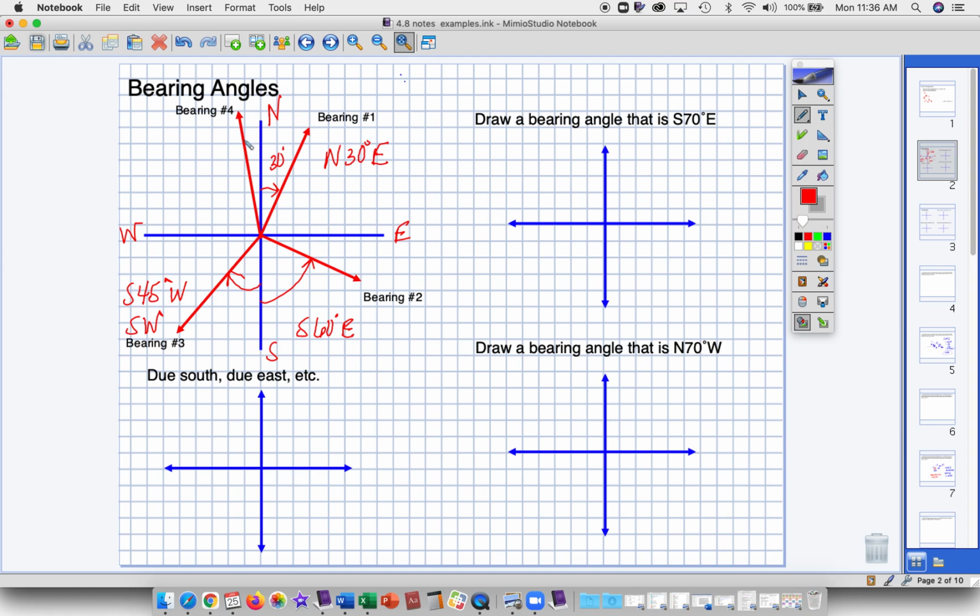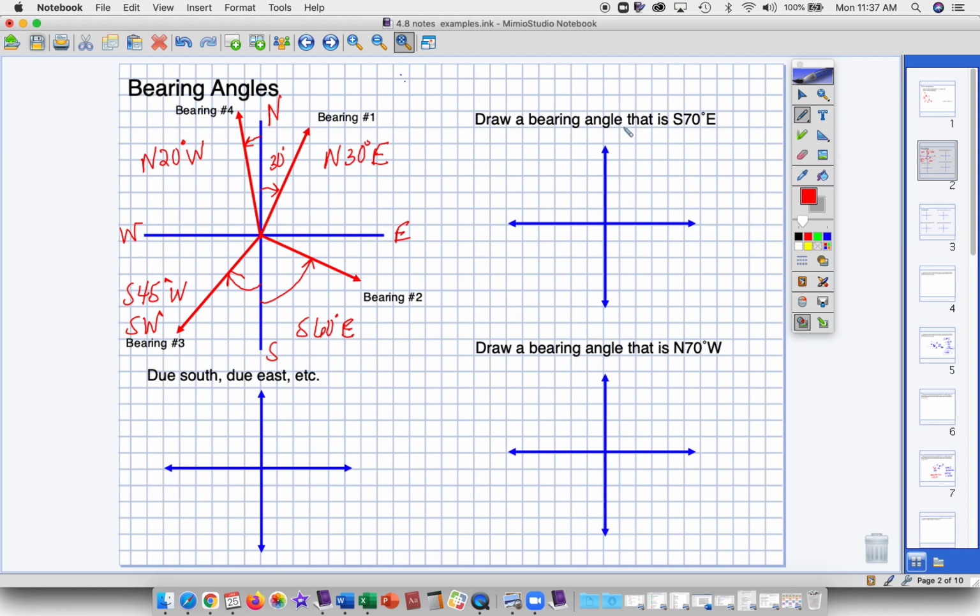The fourth bearing: now we're starting north, rotating to the west. Let's say that's about 20 degrees. So north 20 degrees west is how we would write that angle. Notice none of these angles are made with the east-west line. All of them are made with the north-south line.